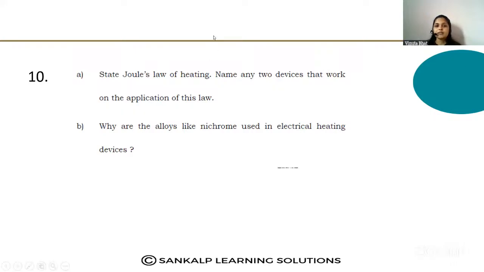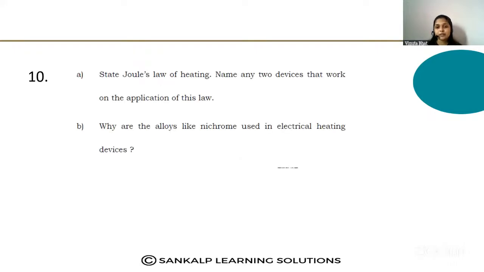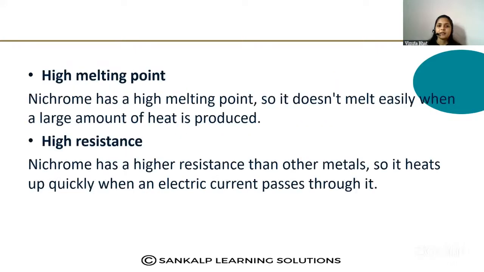Name any two devices that work on the application of this law. Here, iron box and electric heater. These are devices which work on Joule's law of heating. Then why are alloys like nichrome used in the electrical heating devices? Nichrome has a high melting point, so it doesn't melt easily when a large amount of heat is produced.